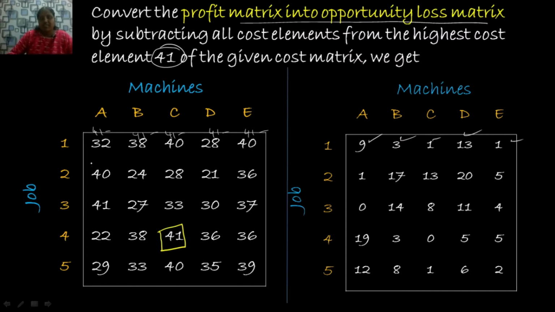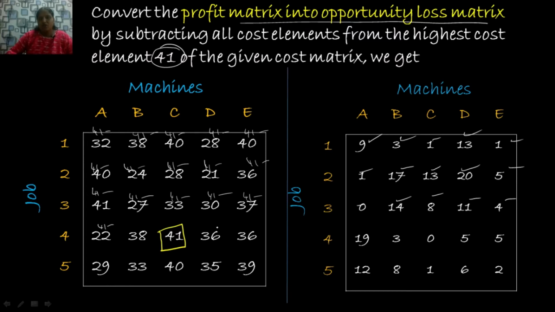Likewise for the second row, 41 minus 40, 1. 41 minus 24, 17. 41 minus 28, 13. 41 minus 21, 20. 41 minus 36, 5. Next, 41 minus 41, 0. 41 minus 27, 14. 41 minus 33, 8. 41 minus 30, 11. And 41 minus 37, 4.